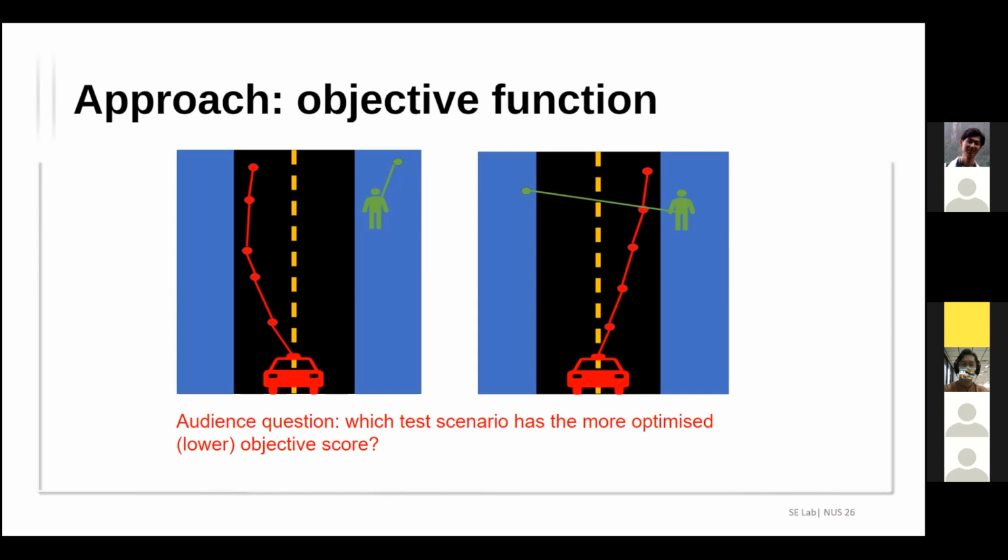Oh, it's me. Okay. So I guess it's the one on the right. Yes, that's correct. So what are your reasons for that? Why do you choose the one on the right? I think mainly just from eyeballing it, this one on the right looks more dangerous.